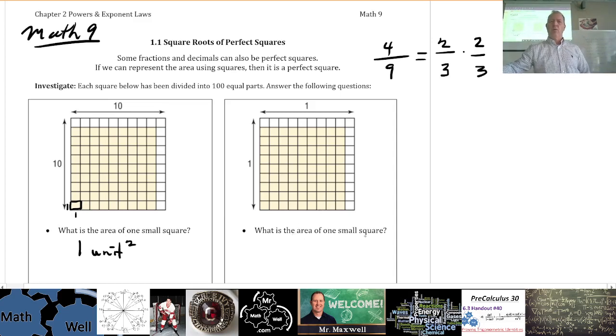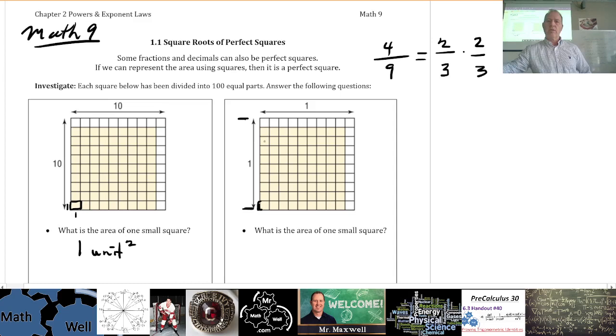Okay. What about over here on the right? What's the area of one small square here? Now remember, this distance right here is actually just 1 unit now. It's not 10, it's 1. So what is the length or the width of one of these little small squares now? What's this width?